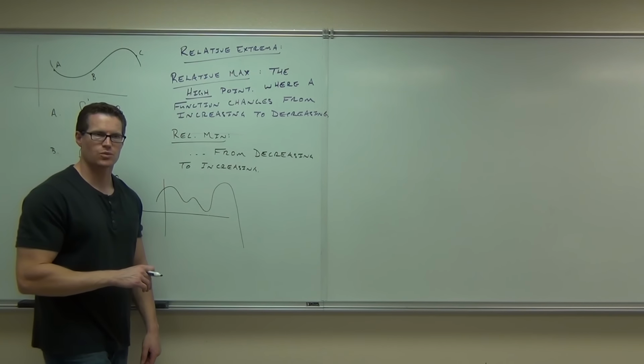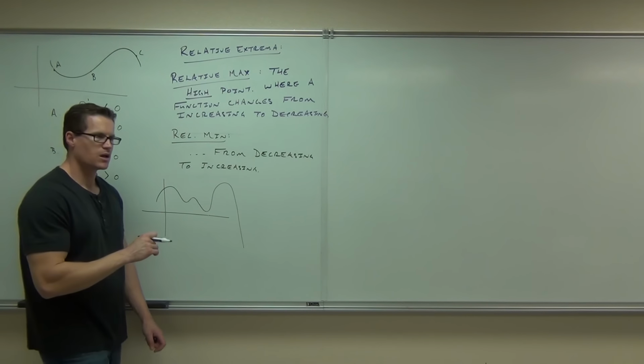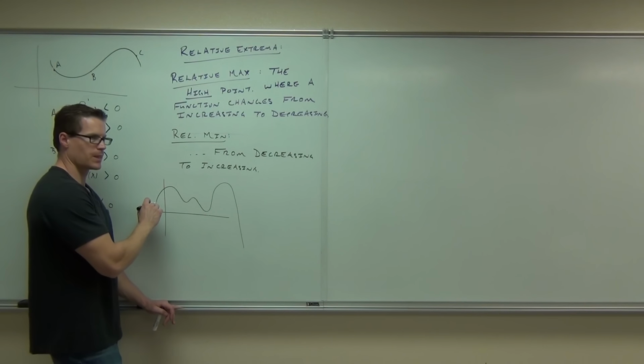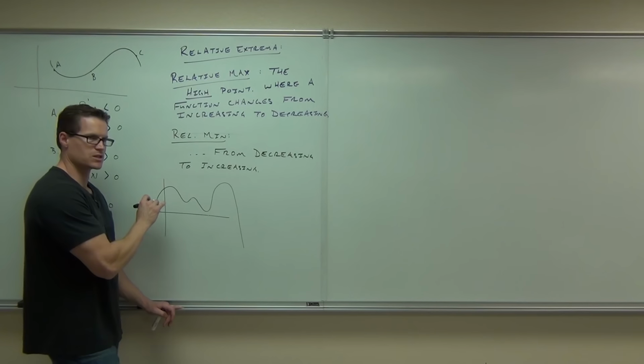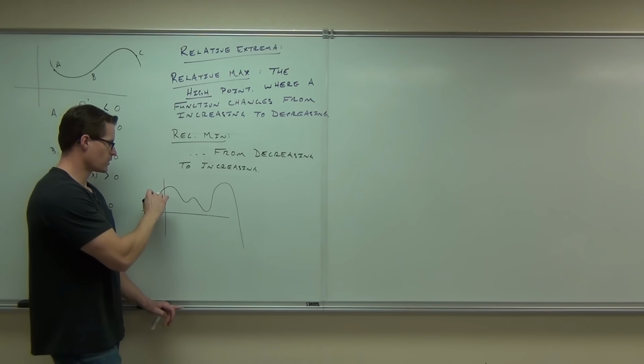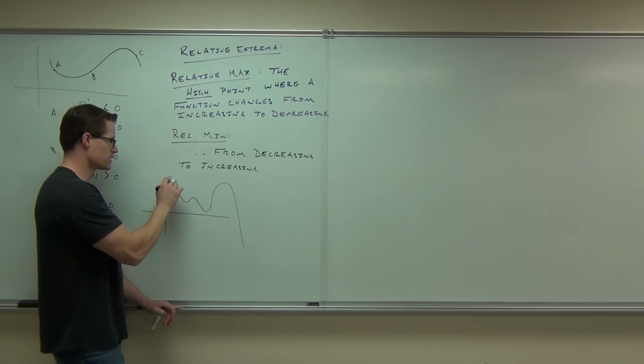Relative extrema happens where you are changing from increasing to decreasing or decreasing to increasing. So stop me when I get to a relative extrema, okay? Here, no, because we're not changing from increasing to decreasing. That's part of our definition. So we're going to start here, no. Where do I get one? There. What is this? Relative max. Very good.